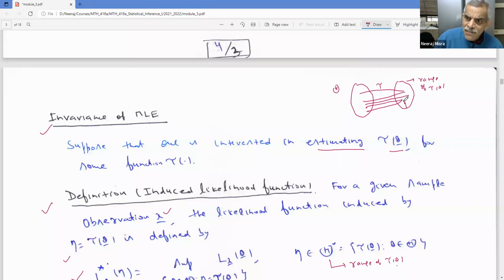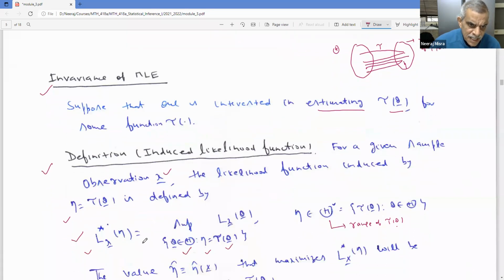So this suggests that if I look at the supremum over eta of all those Lx star eta, I will get the supremum of the original likelihood, because that is how it is defined. For this eta, I look at the supremum of these 2 points. For this eta, I will look at the supremum of this. For this eta, I will look at the supremum of this.